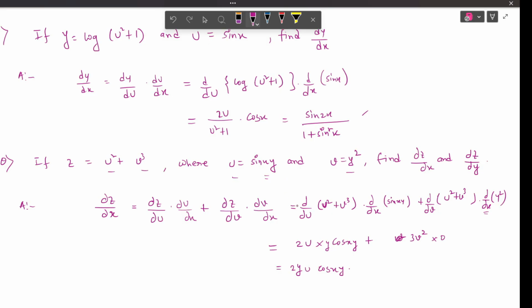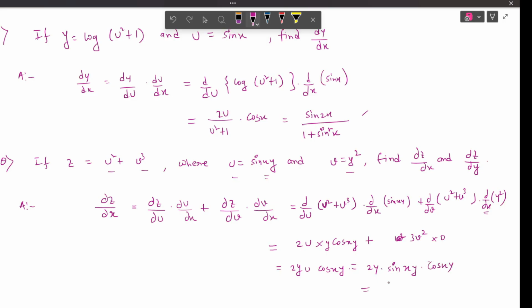Okay, so we can say this is 2y, and u is sine of xy, and cos of xy.